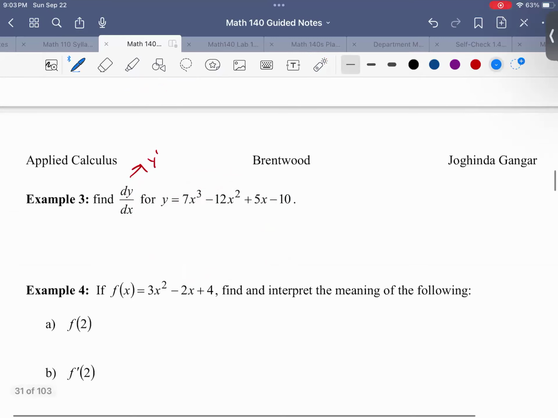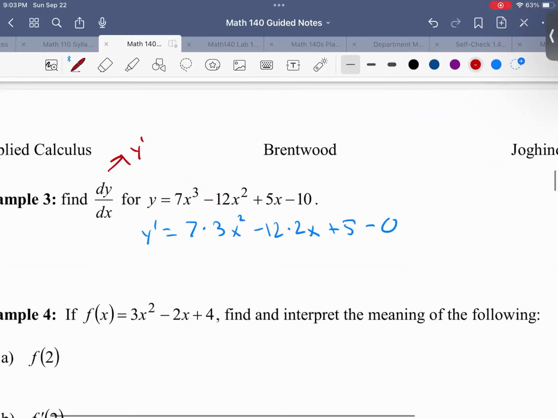So y prime would be 7 times 3x squared minus 12 times 2x plus 5 minus 0. Let me go over that again. This 3 drops down, we subtract 1. This 2 drops down, we subtract 1. For the derivative of this term right here, we just drop the x.